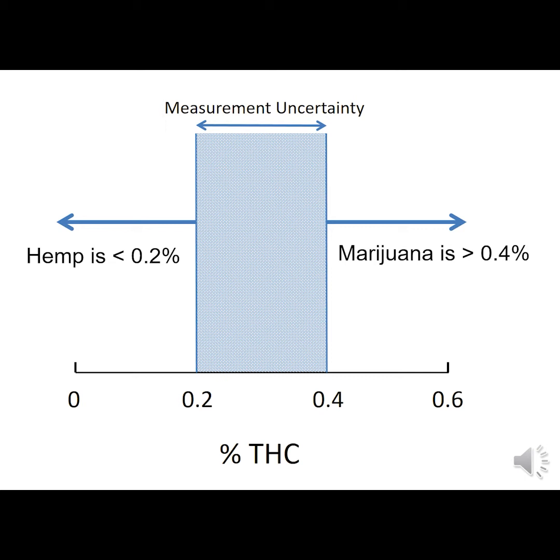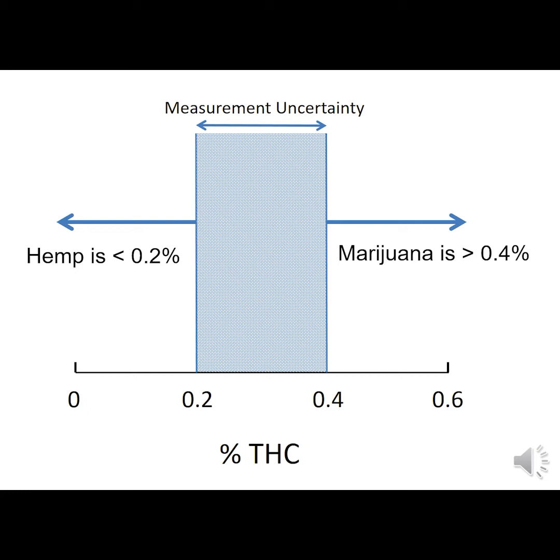And what we currently see from all these labs is the variability being approximately plus or minus 0.1% THC. So with that uncertainty, we can only be really certain that something is marijuana if it is greater than 0.4% total THC.